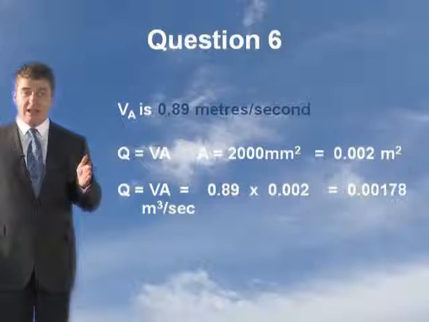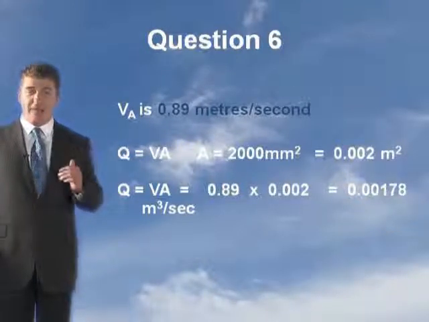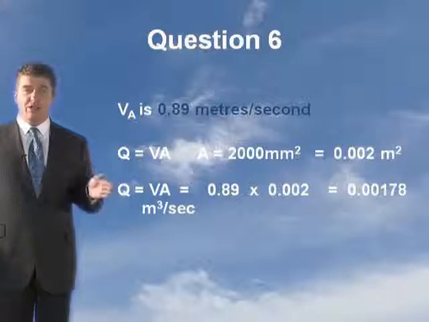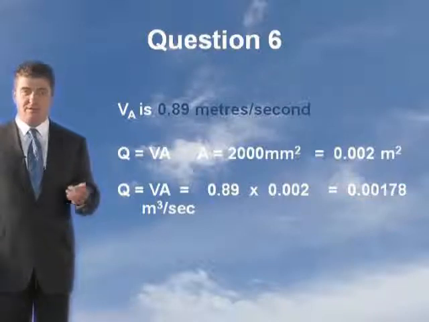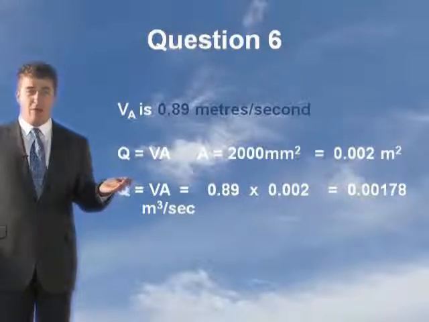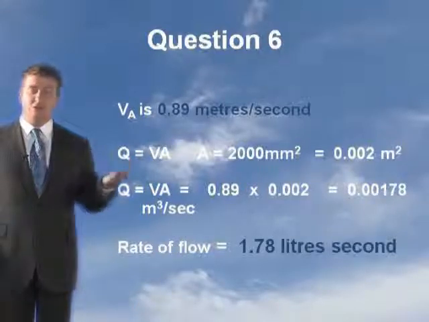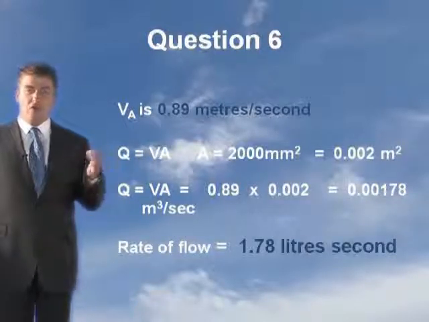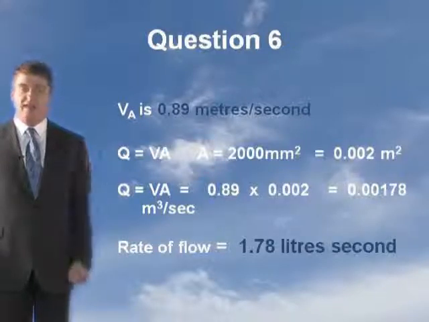Therefore, Q equals VA, you know your V, which is 0.89, times that by 0.002, gives you 0.00178 metres cubed per second. That comes out at approximately 1.78 litres a second. So that is the flow. 0.00178 metres cubed a second is 1.78 litres a second.